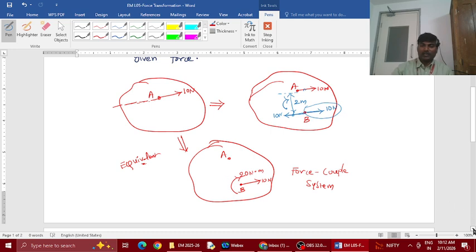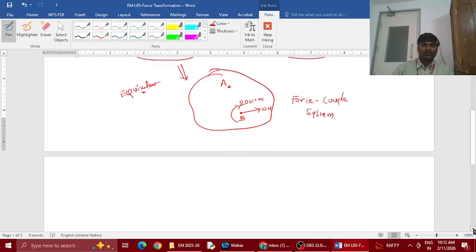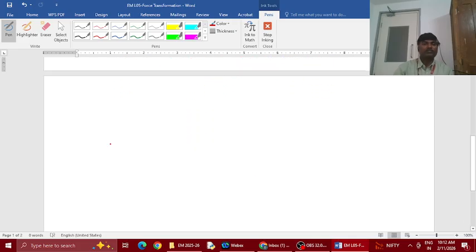Let us see the reverse of it. How to convert a force couple system to a force, reverting back?